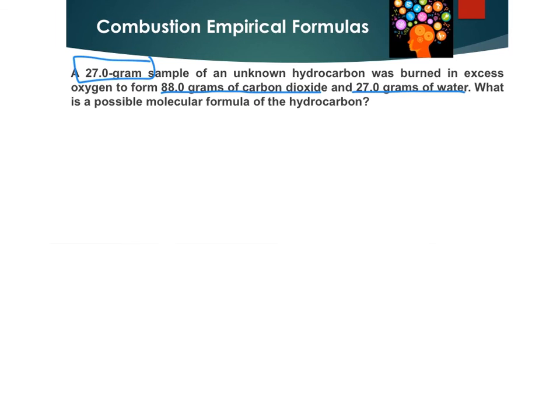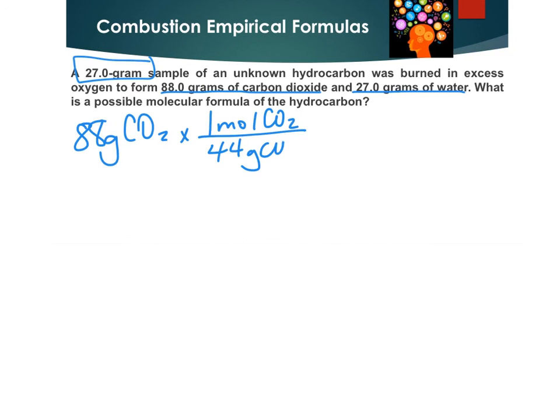Okay, so we have 88 grams of CO2. Hopefully at this point you know what step comes next. We're going to take it to moles. So I have 1 mole of CO2, and hopefully you remember that's 44 grams in that molar mass of CO2. So 88 divided by 44, that's 2 moles of CO2.